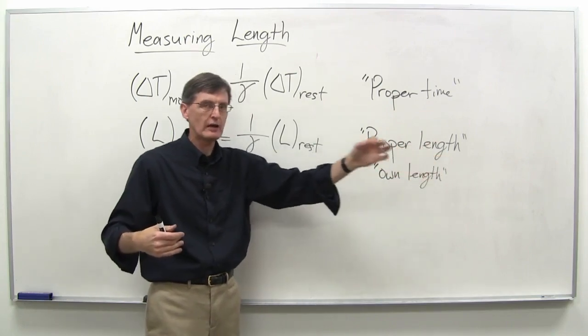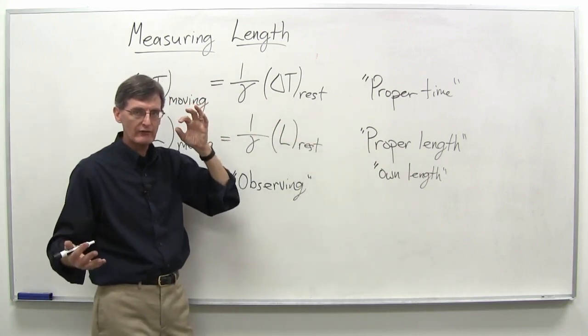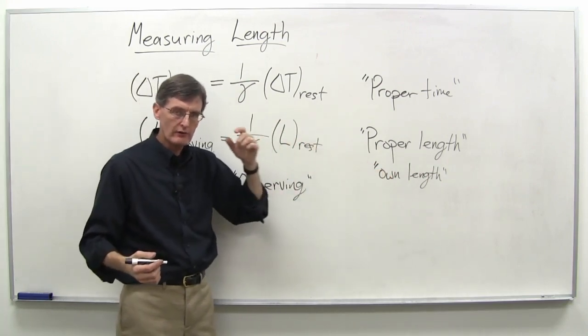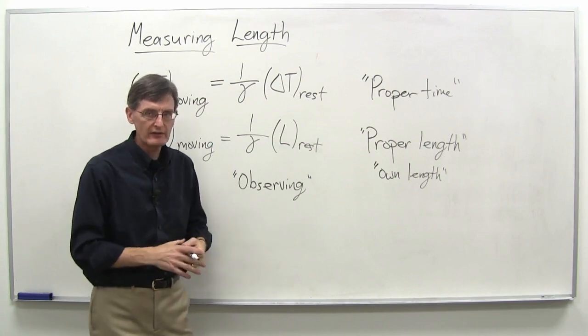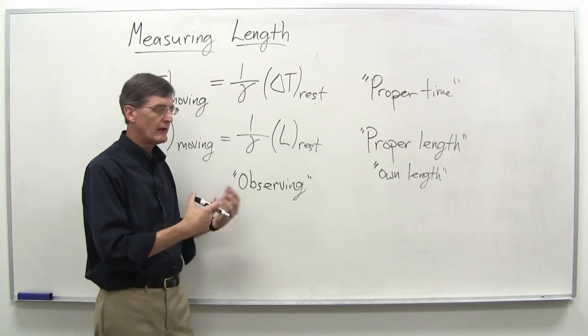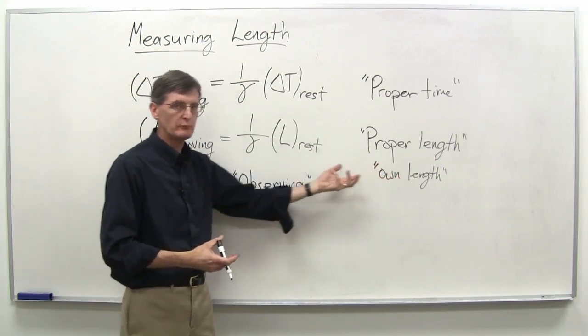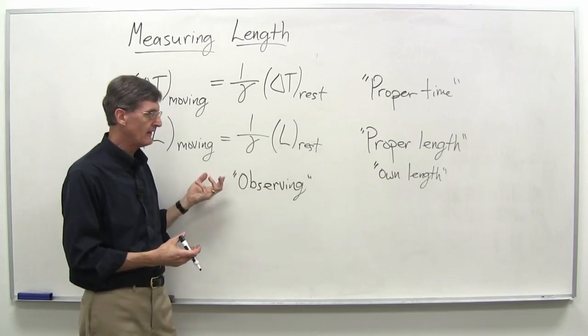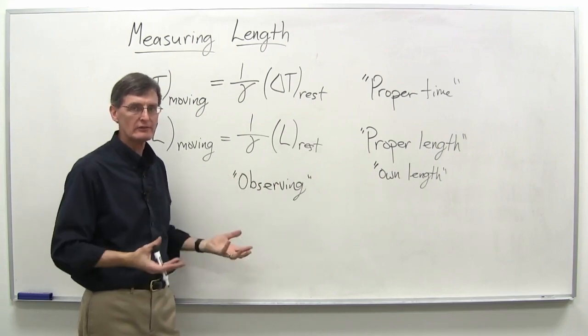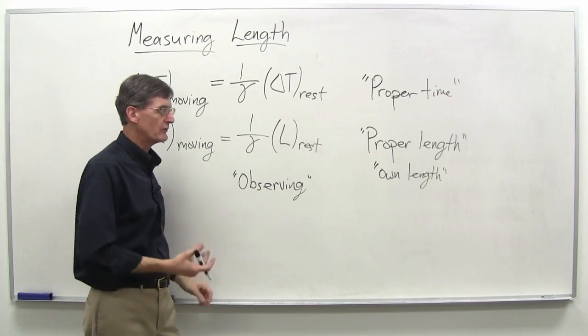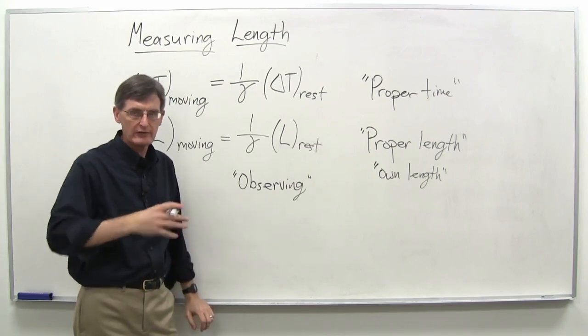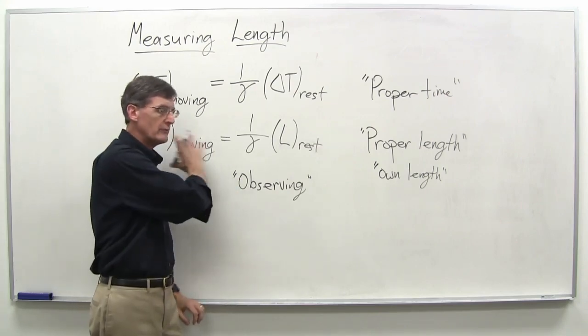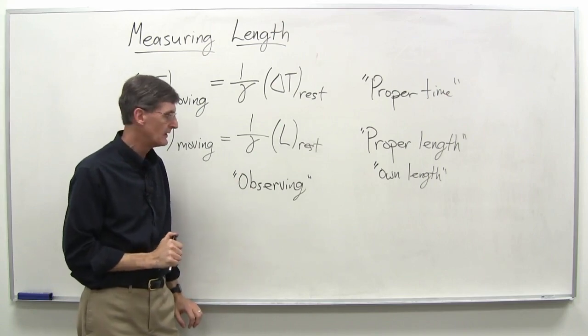I have to have the light coming from it back to my eyes, of course. There's a delay involved, and different things can happen if you have that delay, especially if you have an object moving past you. It involves an additional layer of complexity. It is possible to do that analysis, but it also gets a little confusing in terms of the basic concepts that we're trying to get across here.